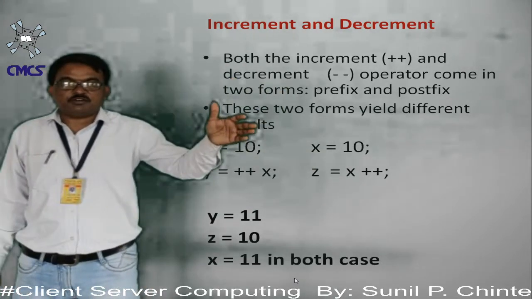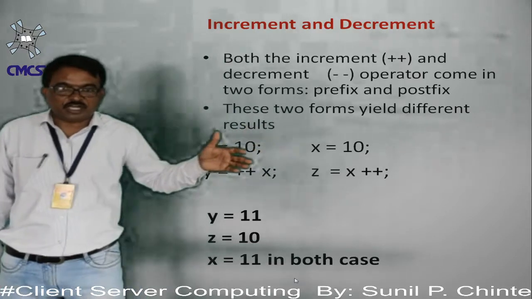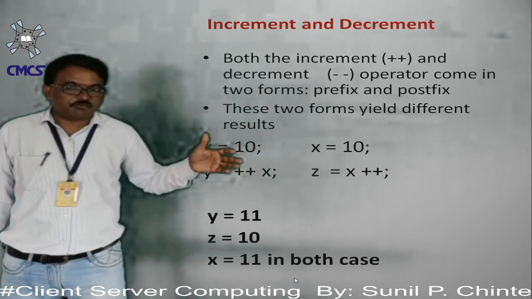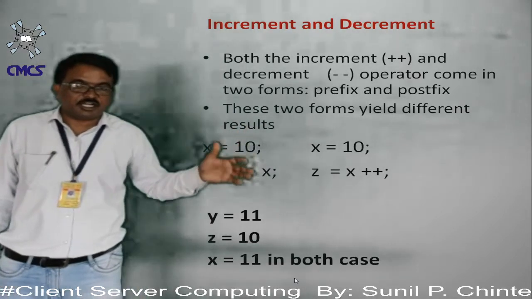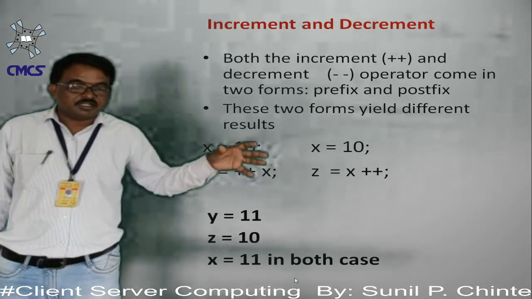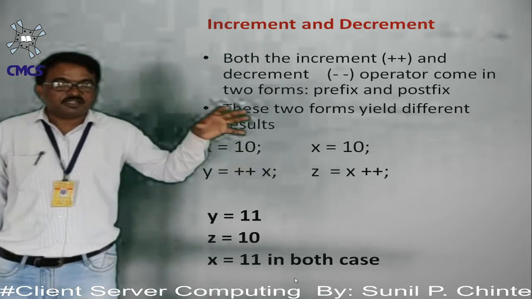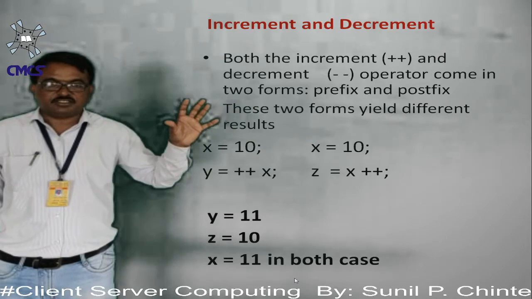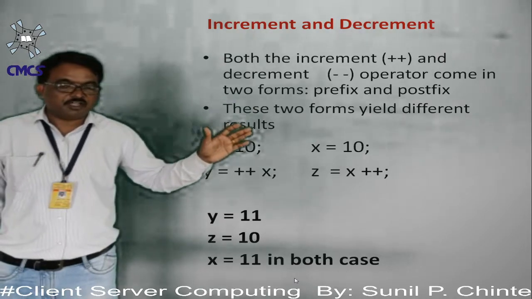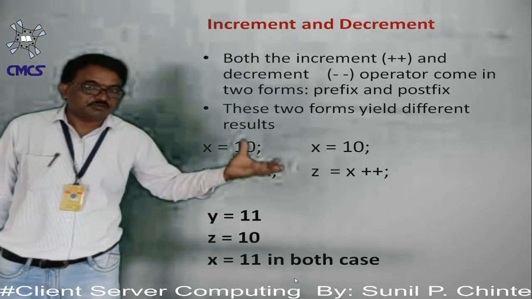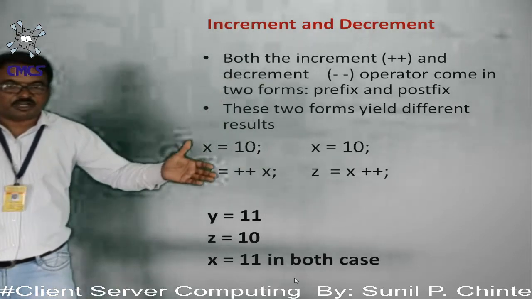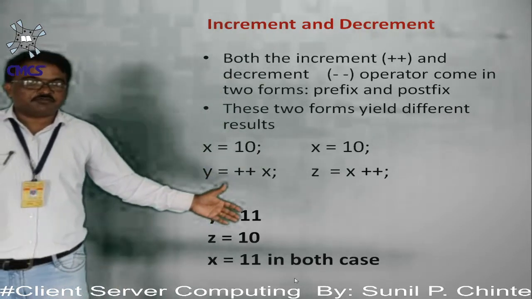Here the value of x is 10. First the value of x will be increased by 1, that means 10 plus 1, that is 11. Then this 11 value will be assigned to y. Means whatever the value of x, it first becomes 11, after that it is assigned to y. That's why we obtain the result of y.